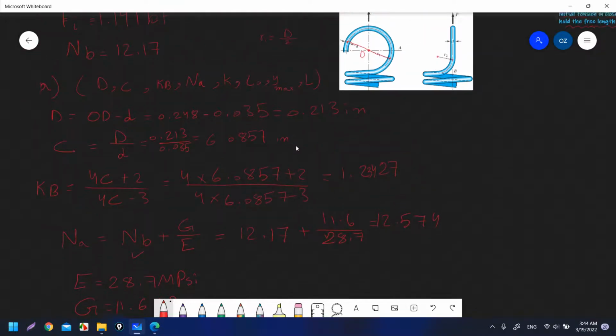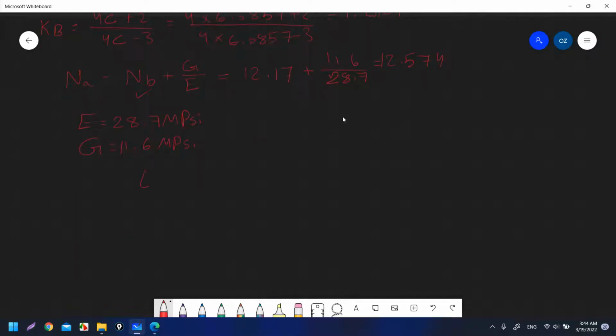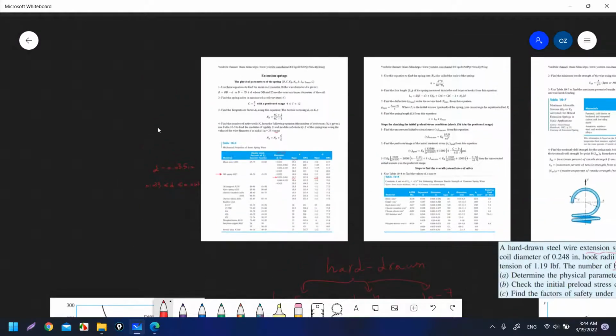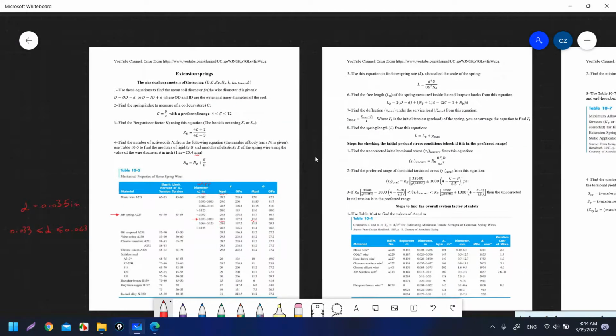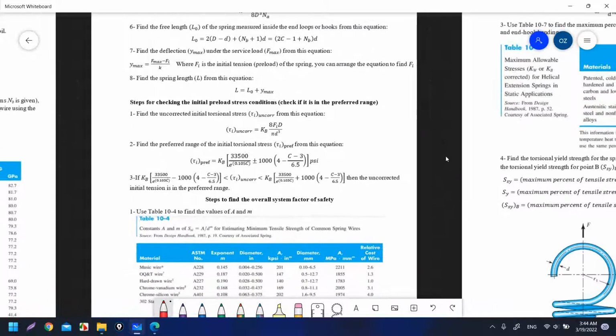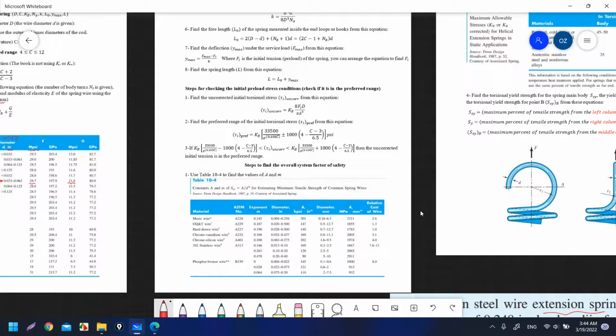Now the next parameter is L naught, the free length. This is the equation for L naught. L naught is equal to 2d minus d plus (NB plus 1) times d. Okay, for this equation you don't need the derivation.